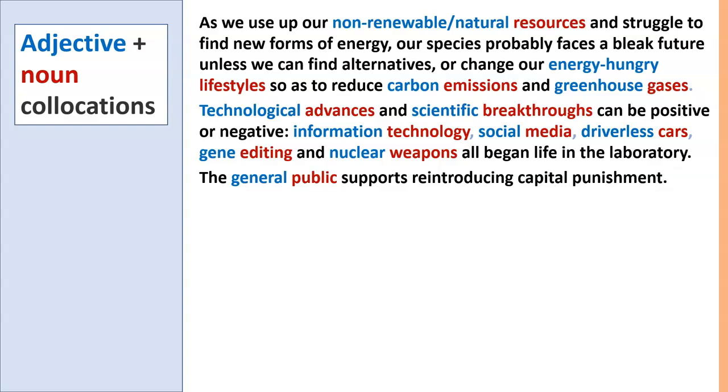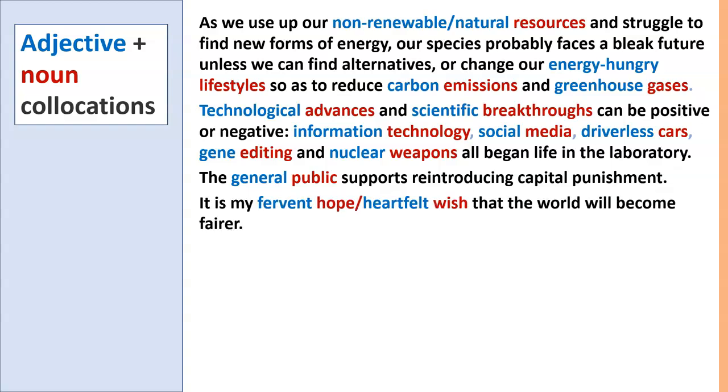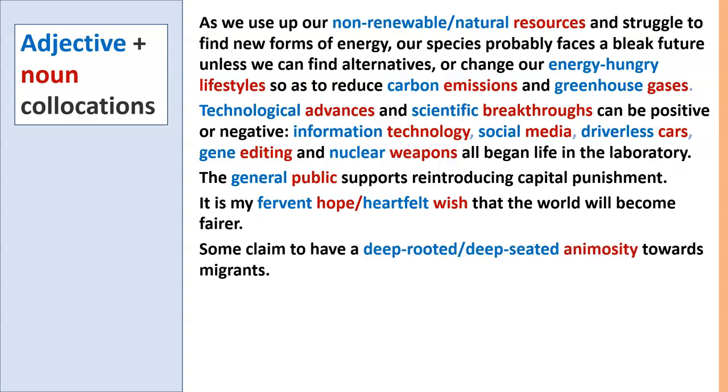Some of the useful ones: the general public is a nice way of referring to all ordinary people. You can have a fervent hope. That's a strong wish for something to happen. The heartfelt wish is very similar. So these are nice phrases for your conclusion when you'd like to put forward a hope or a wish.